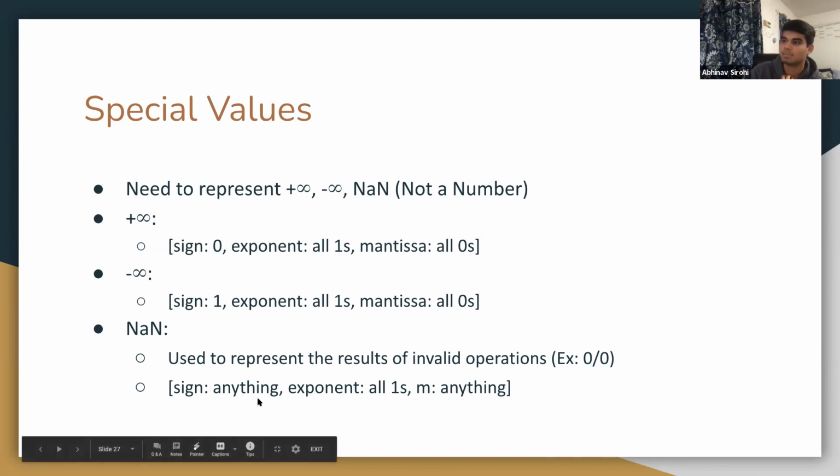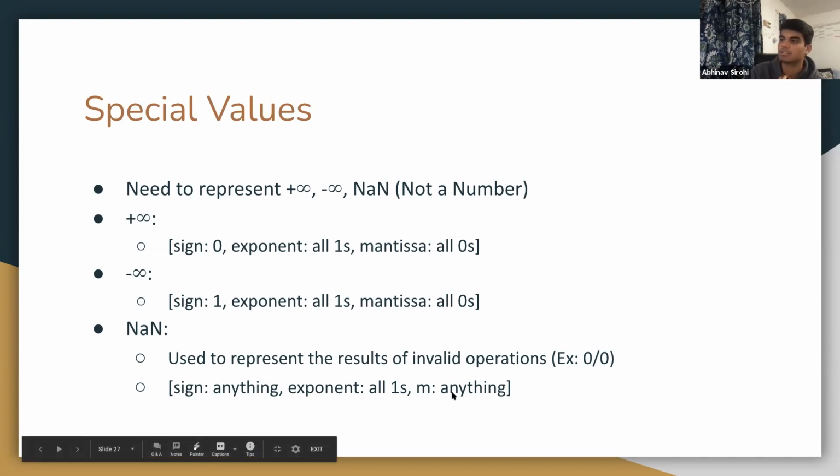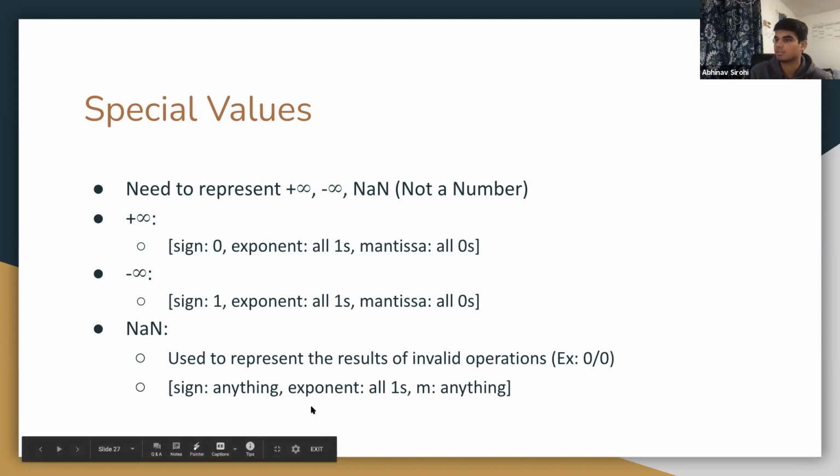For NaN, the sign could be anything, the exponent has to be all ones, and the mantissa can be anything other than all zeros. If you have something in this form, the computer will know that it's not a number, rather than positive or negative infinity. It has to be anything other than all zeros, because if it is all zeros, it'll be confused whether it's positive infinity, negative infinity, or NaN.